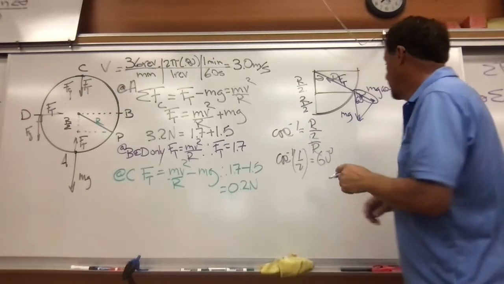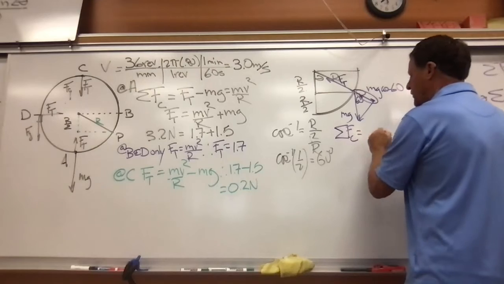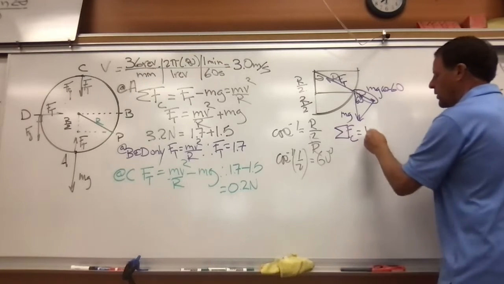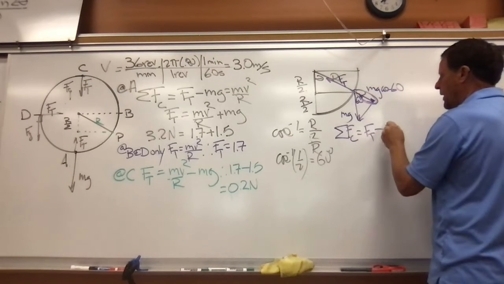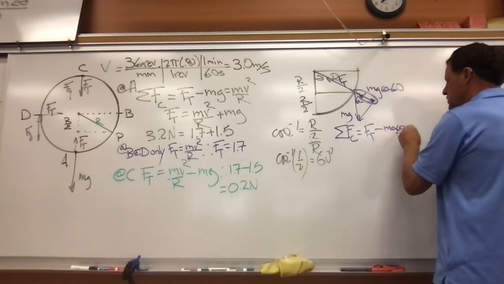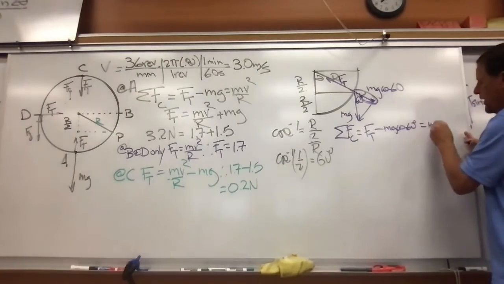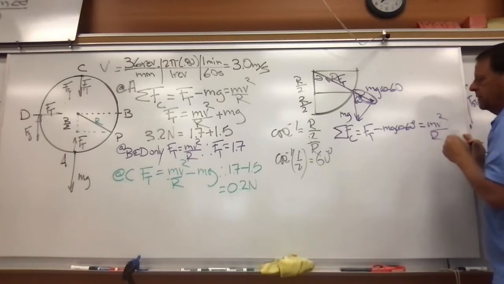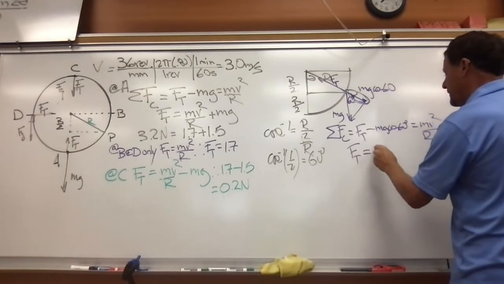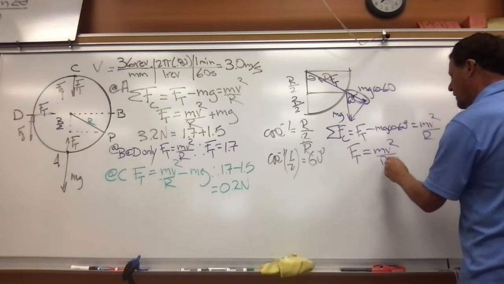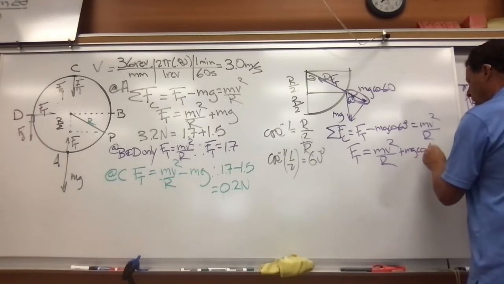So now when we do the sum of the forces towards the center, we're going to have force of tension minus, because notice that this one is going away, mg cosine. We now know that the angle is 60. That equals mv squared over r. So now force of tension is equal to mv squared over r plus mg cosine 60.